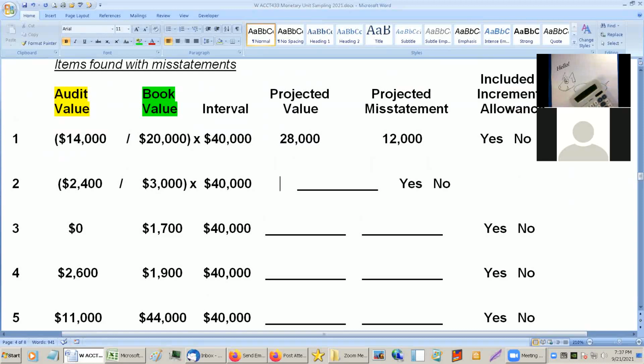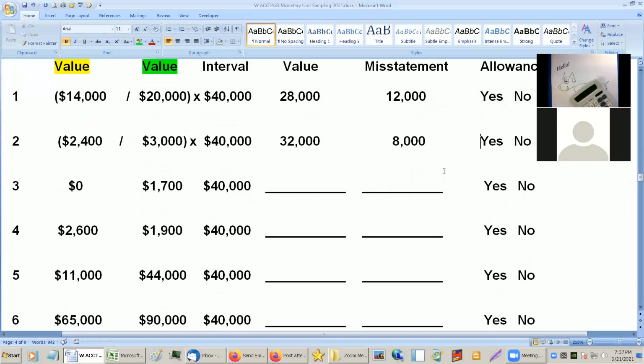Okay, so this is 32,000. And the projected misstatement is 8,000. Yep. I was going to say 8. So 8,000 for the projected. And again, don't worry about this incremental allowance thing. We'll talk about that later.